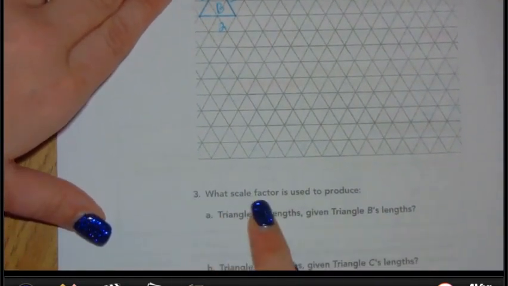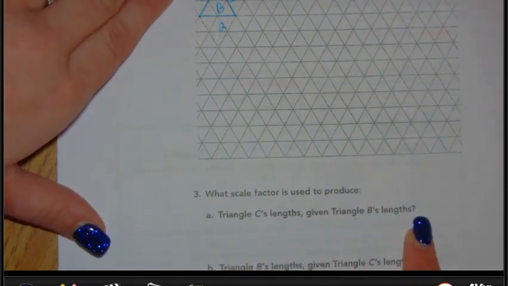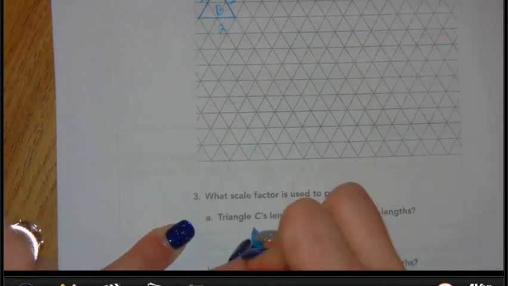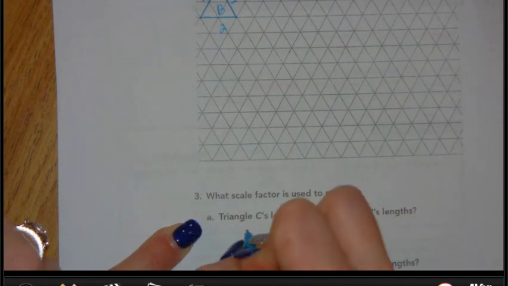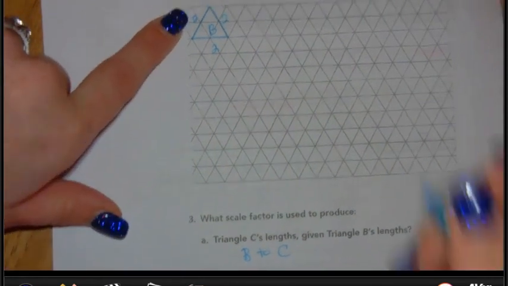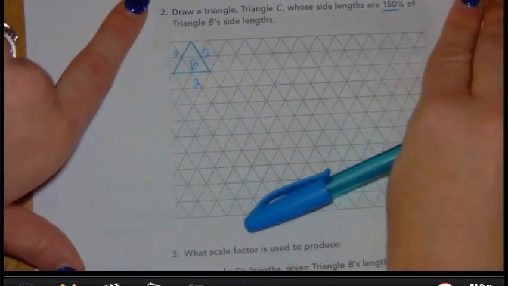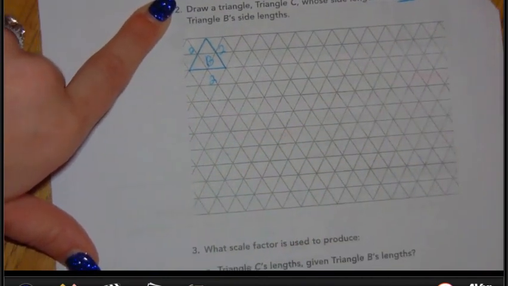Okay, so it's saying what is the scale factor used to produce triangle C's length given triangle B's length? So I'm going from B to C. Okay, so I know that I'm 150%. Now, let's go ahead and turn 150% into a decimal.